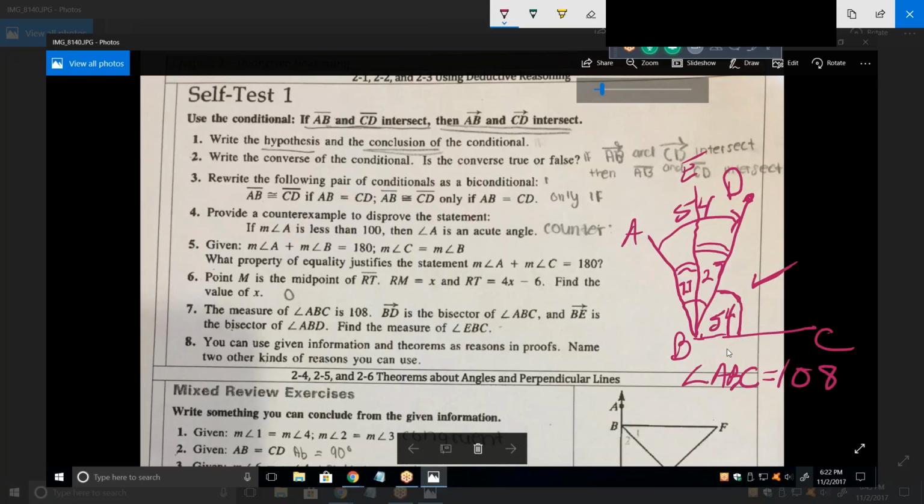EBC is 82. 81. It's 27 plus 54. Always remember when you're adding an odd number to an even number, you're going to get an odd number.